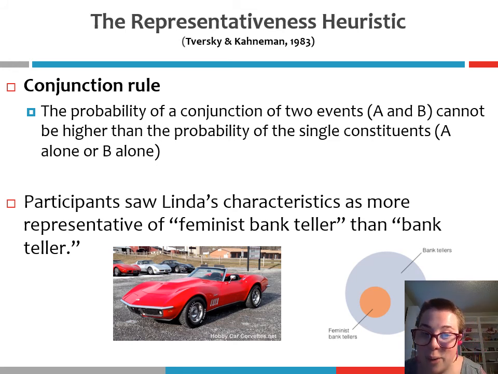So said another way, the probability of A and B can't be higher than the probability of A or B alone, right? So let's look at a separate example.